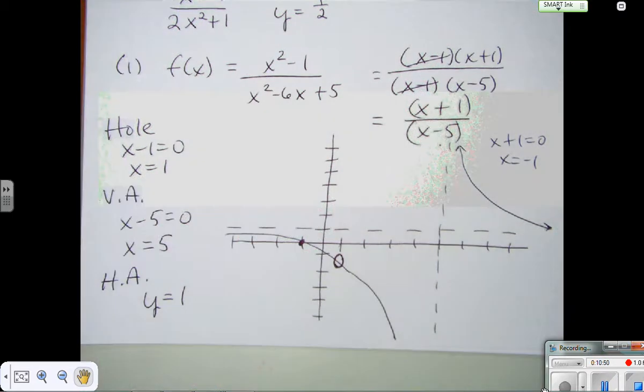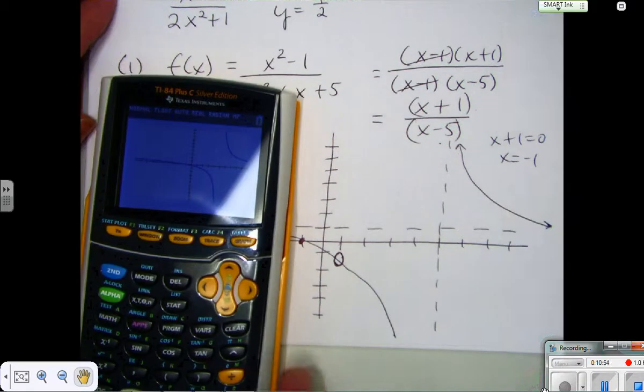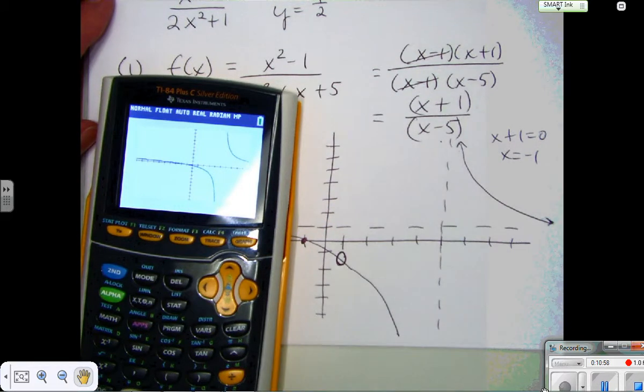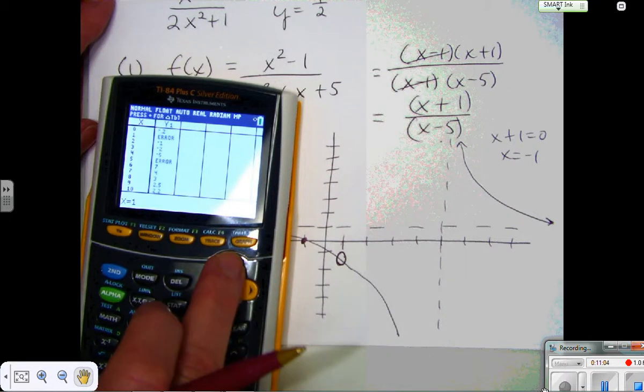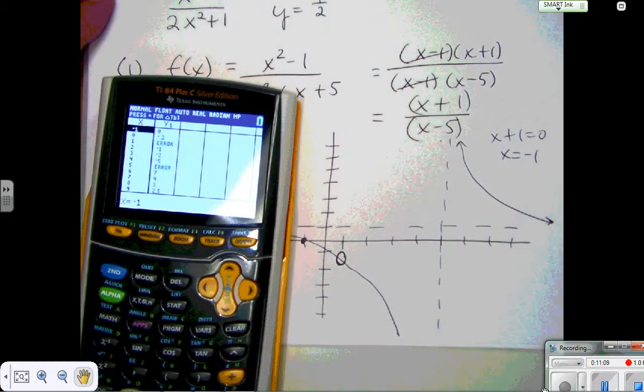Okay, so if you look at your calculator, it's not showing that open hole, but if you go to your table of values, where x is 1, it has an error for the y value. So x equals 1 is also a point of discontinuity. Okay, there's not anything for your x value there. Any questions?